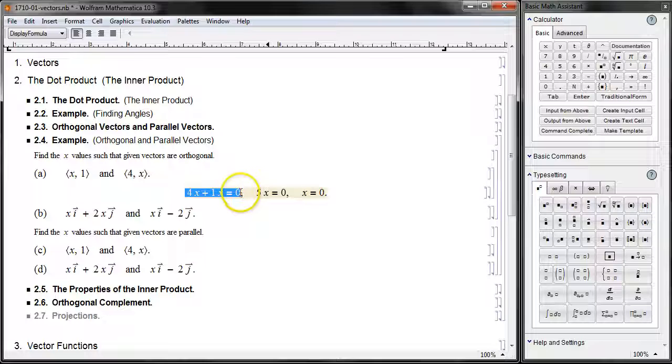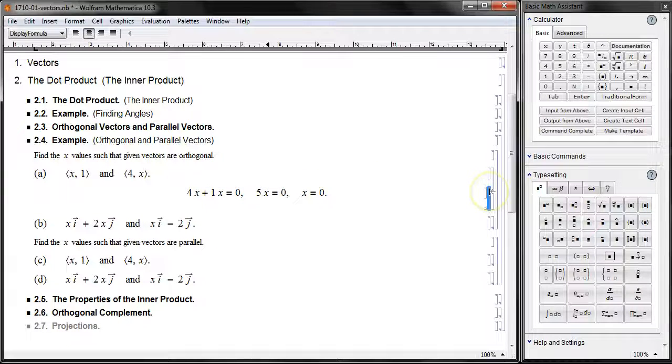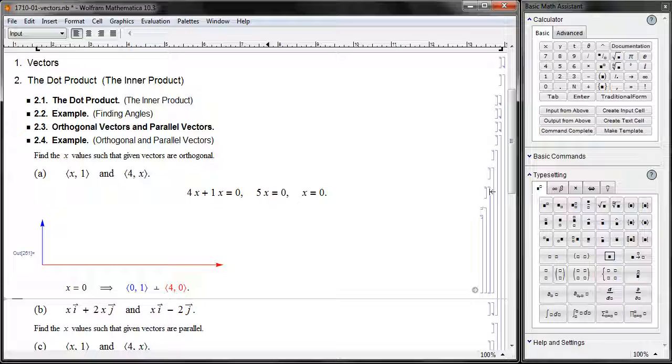From that, you can solve for x and find out what value you want. In this particular case, you only had x equal to 0. Well, is that true? Yeah, here it is. When x equals 0, we have these two vectors. 0, 1, that's blue, and 4, 0, that's red. They're perpendicular.